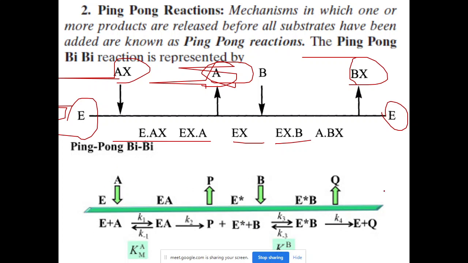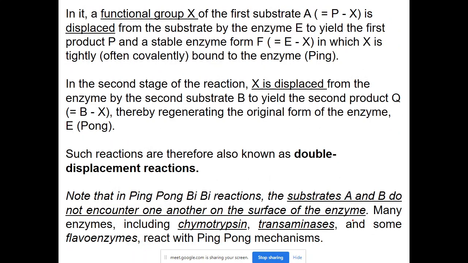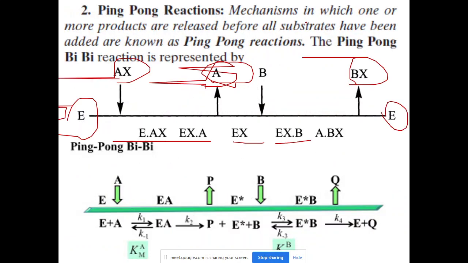Now, I have explained the same thing in another diagram, you can go through it by yourself. This is the same as this one, with the kinetic constants present.